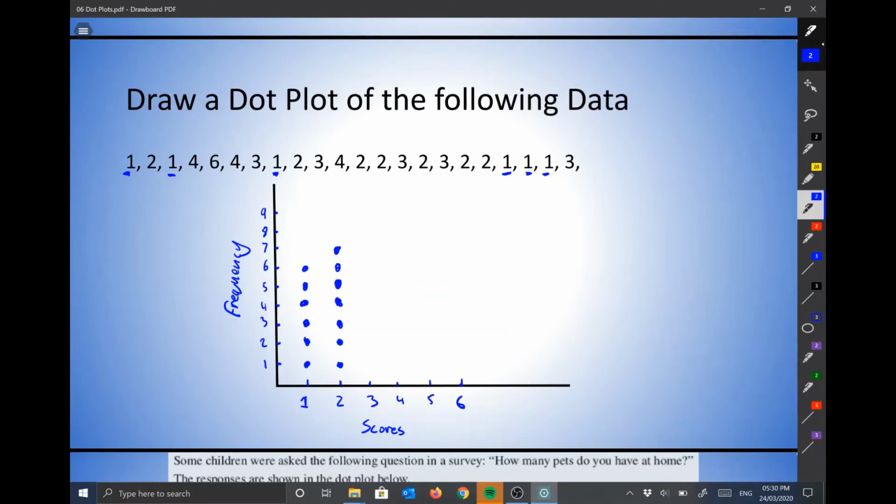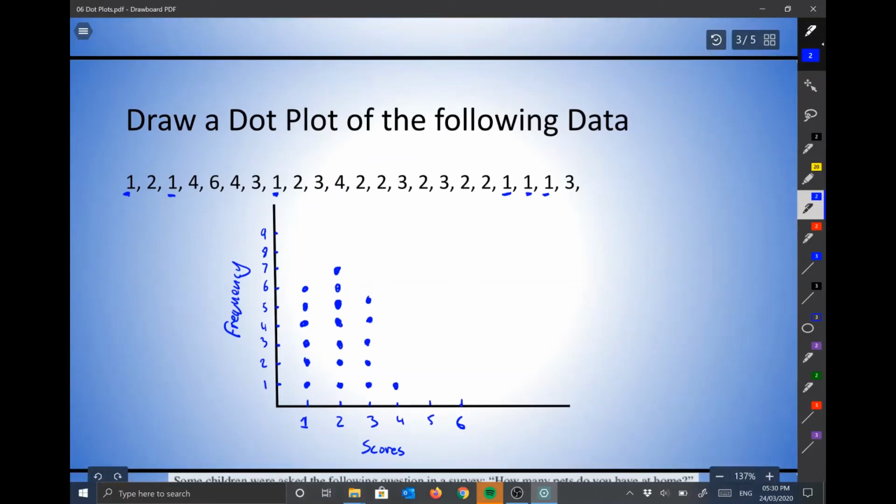And we keep doing this for every number. There are 3 4's, so I put 3 dots above the 4's. There are actually no 5's, so there are no dots above the 5, and there is 1 6. So what we're doing here, guys, is we're counting up how many of the numbers there are, and then we're representing each one here with a dot.